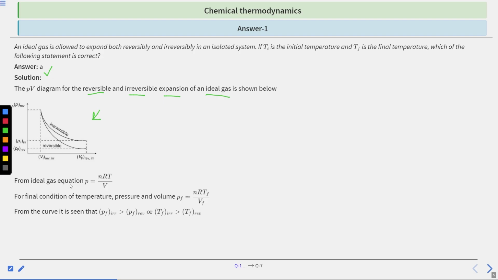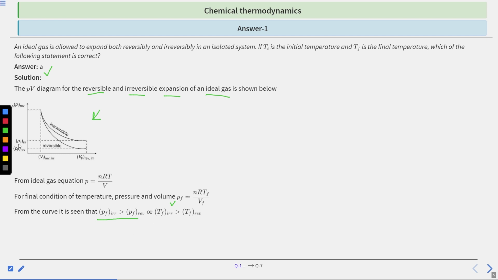From the ideal gas equation we know that PV equals nRT, so we can write P equals nRT divided by V. So for the final condition of temperature, pressure and volume, P final will be equal to nR T final upon V final. From the curve it is seen that the pressure at the final state of the irreversible process is greater than the pressure at the final state of the reversible process.